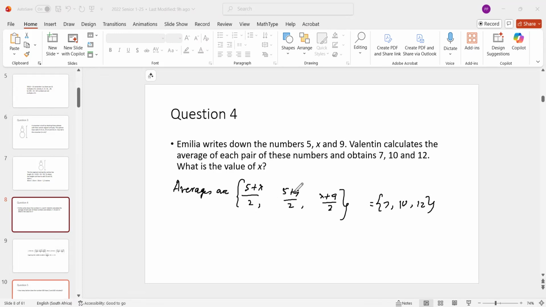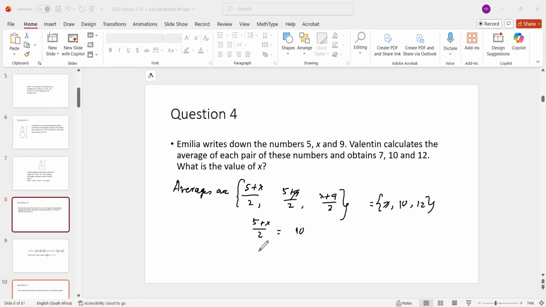5 plus 9 over 2 is 7. So that takes care of that. So we have to see which of these 5 plus x over 2 is one of these. Well, obviously it's smaller than this, so 5 plus x over 2, on the left-hand side, must be equal to the smallest one on the right-hand side.